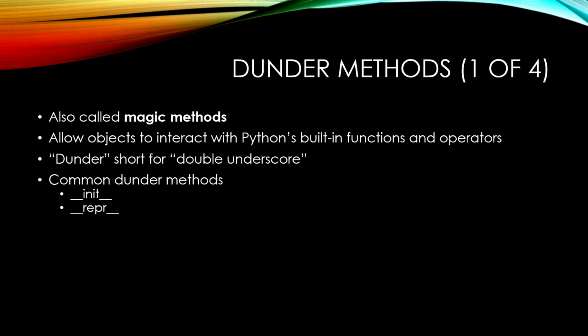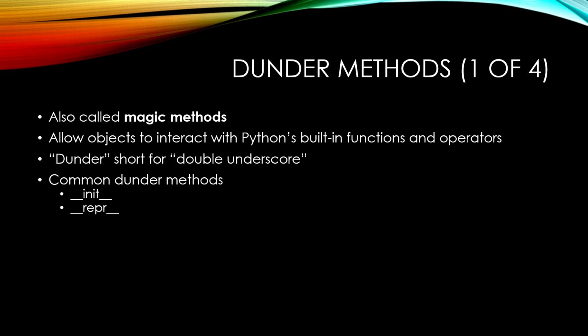Dunder methods are what we use in order to enable our classes to interface with them. Other programming languages like C++ will allow you to overload operators and such to specify a particular behavior with that operator. Python doesn't allow that, so as a workaround, we have dunder methods.